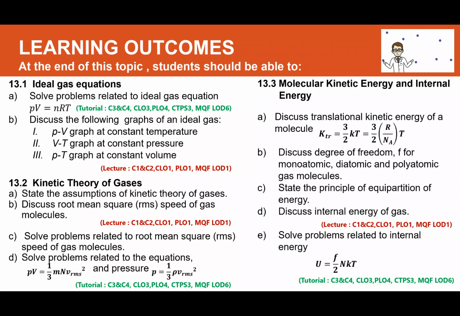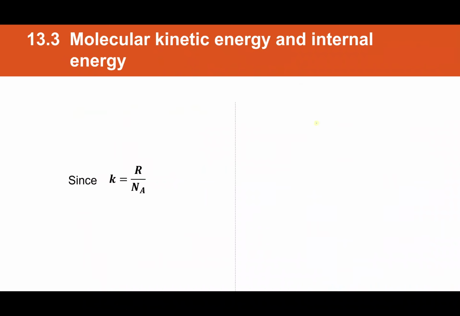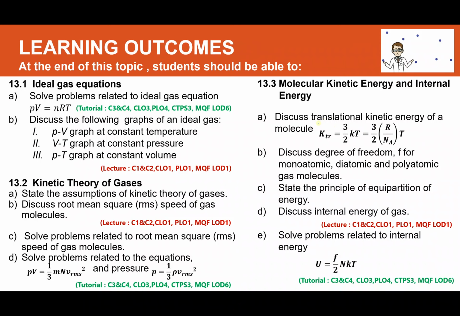So welcome back. Moving on to 30.3, which is molecular kinetic energy and internal energy. So basically there are a few terms that we are going to get familiar with. First thing, I'm going to talk about what is the translational kinetic energy.